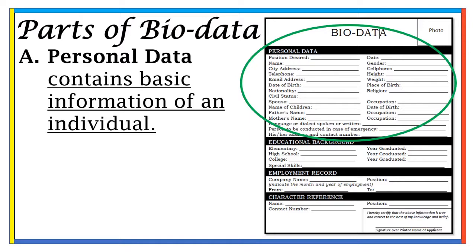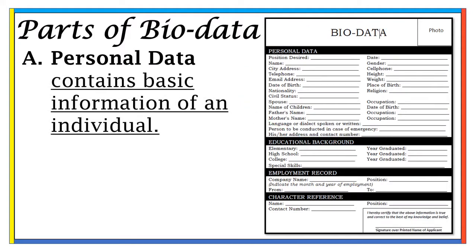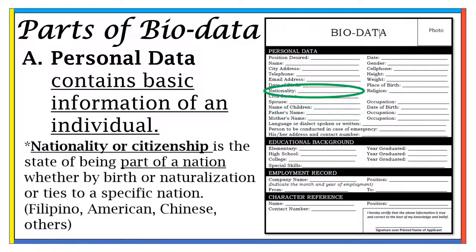It can be your name, city address, telephone, email address, date of birth, nationality, gender, cell phone, height, weight, place of birth, religion, etc. Personal data also contains nationality or citizenship, which is the state of being part of a nation, whether by birth or naturalization or ties to a specific nation. Filipino, American, Chinese, others. Since you are living in the Philippines, of course, your nationality will be Filipino.